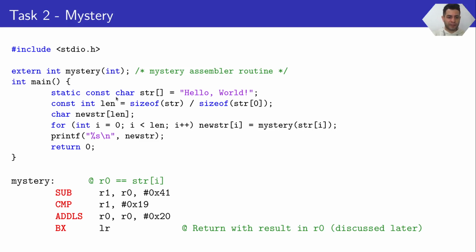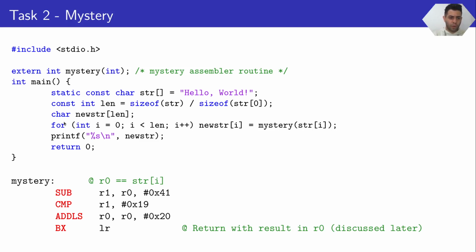We have this string, hello world. Okay, this is the length of the string, no particular tricks here. Okay, and then here we are allocating a new array, new string of the same length of the string.